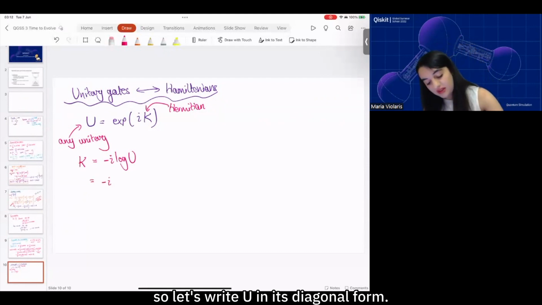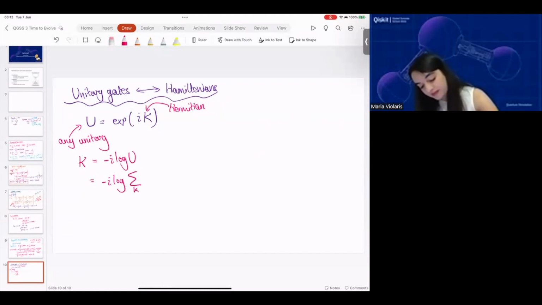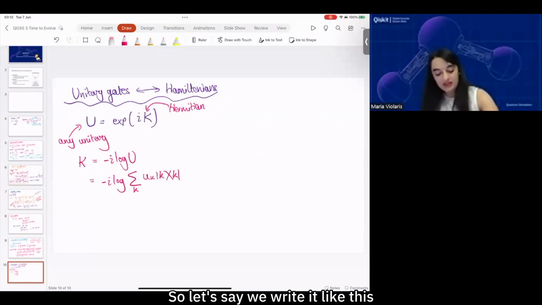So let's write U in its diagonal form, and again we take our function in.